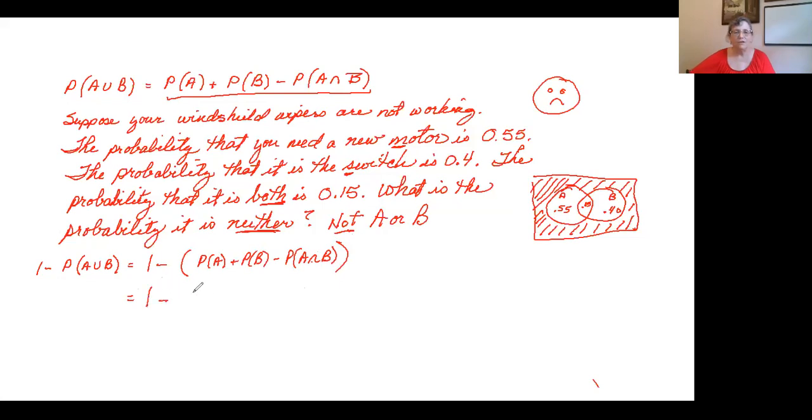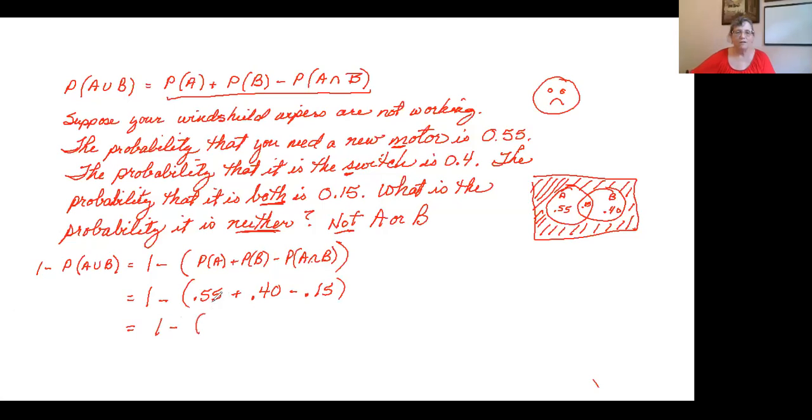Which is going to be 1 minus the probability of A, was 55, so 0.55 plus 0.40 minus the twice counted 0.15.